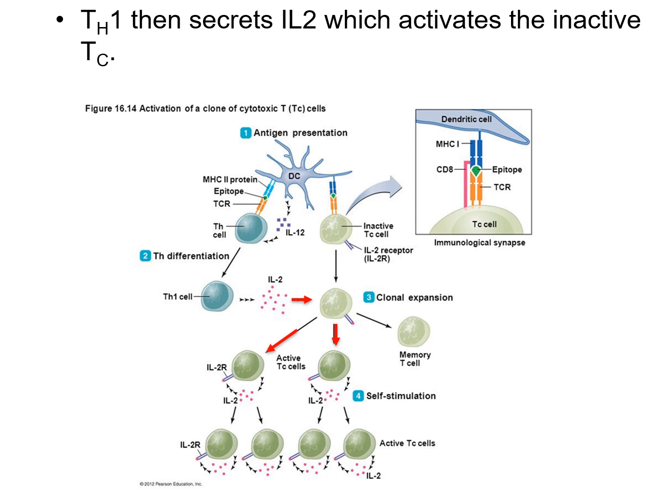So in the illustration, you see the dendritic cell releasing interleukin 12. It made T helper differentiate into T helper 1. Now T helper 1 is releasing a chemical messenger called interleukin 2, which is going to activate that cytotoxic cell to go through clonal expansion.